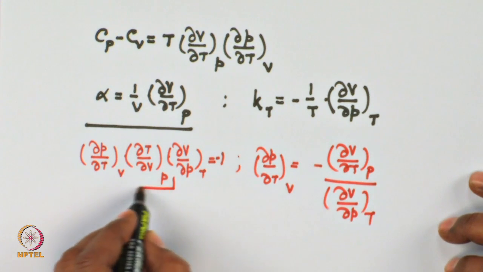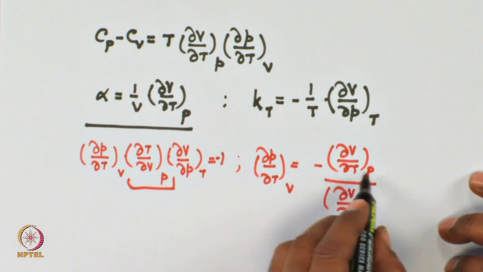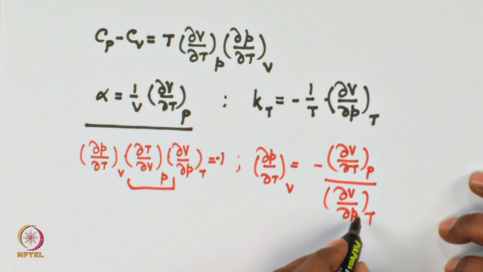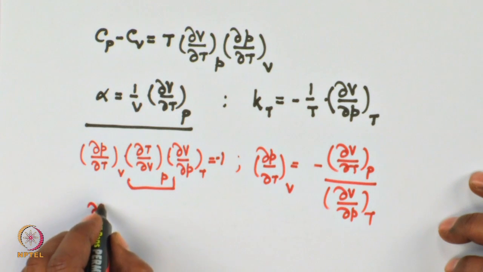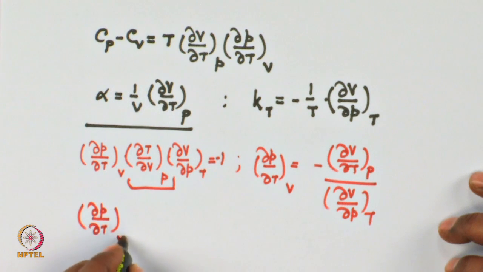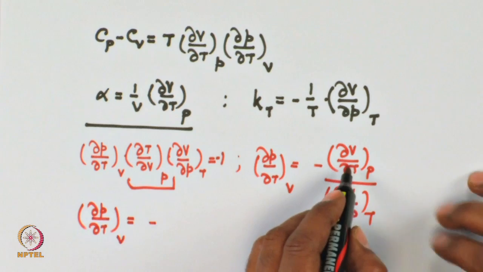You see, when I take this to the other side, I use the inverse relation, and this I take directly in the denominator. So, ∂P/∂T at constant volume is equal to minus this.